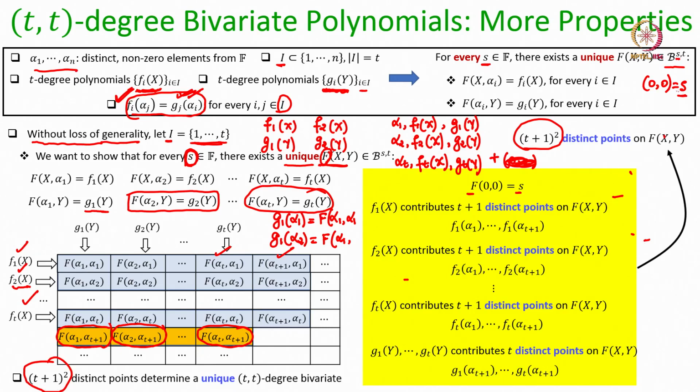Passing through s means the constant term being s, and passing through f 1 x, f 2 x, f t x and g 1 y, g 2 y, g t y respectively.